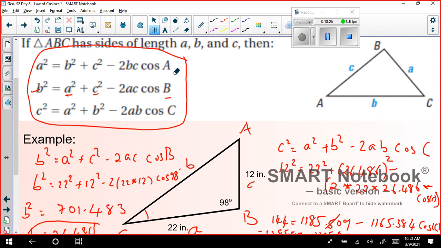We can use any of these three laws of cosines to find the values of small a, small b and small c, based on what is given.